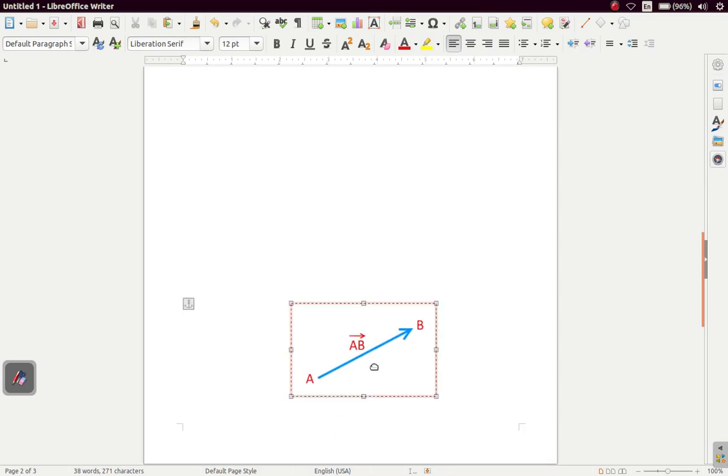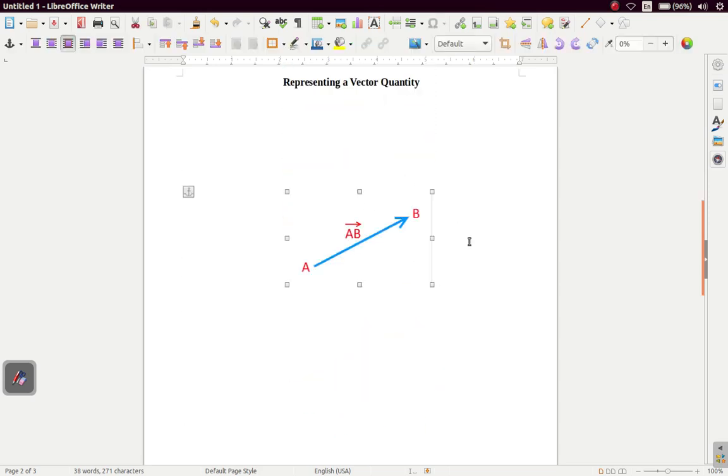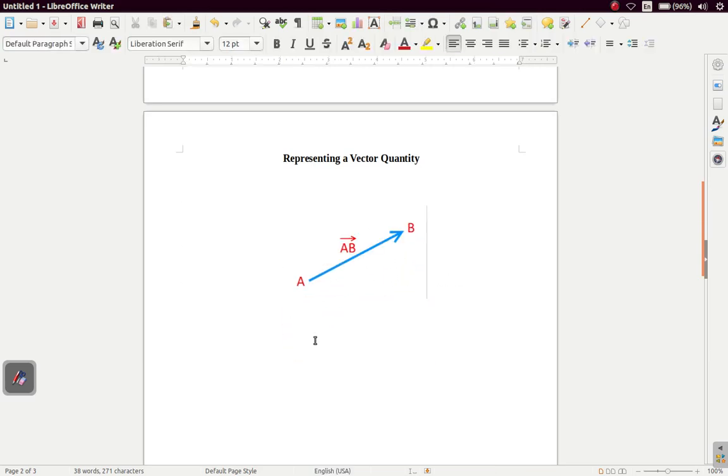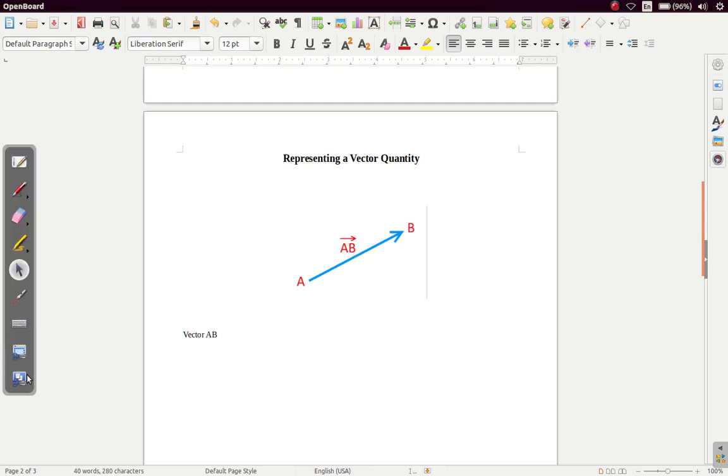So, for example, this, which I downloaded somewhere from the internet. This vector, you can call it vector AB. And when you write this vector in your notebook, you can write an arrow at the top of the AB to show that you are writing a vector.